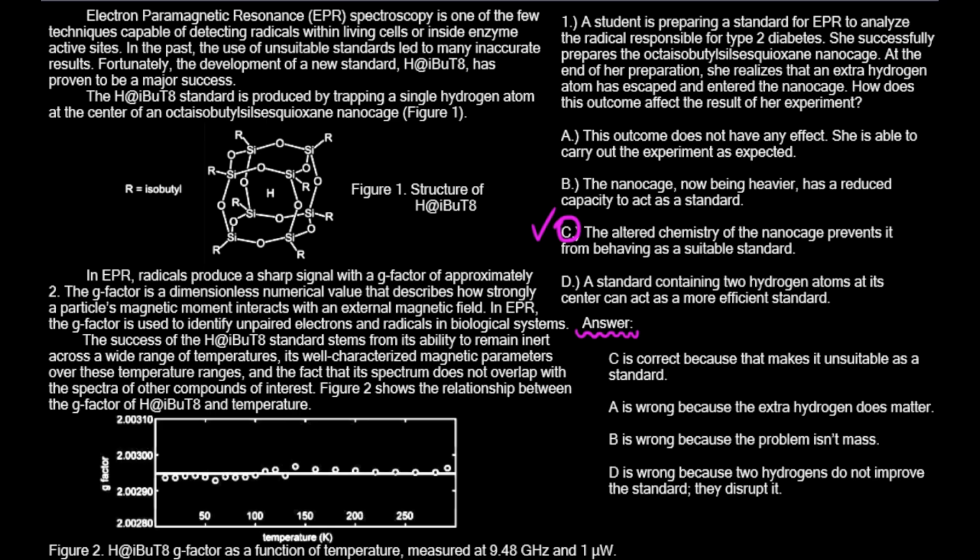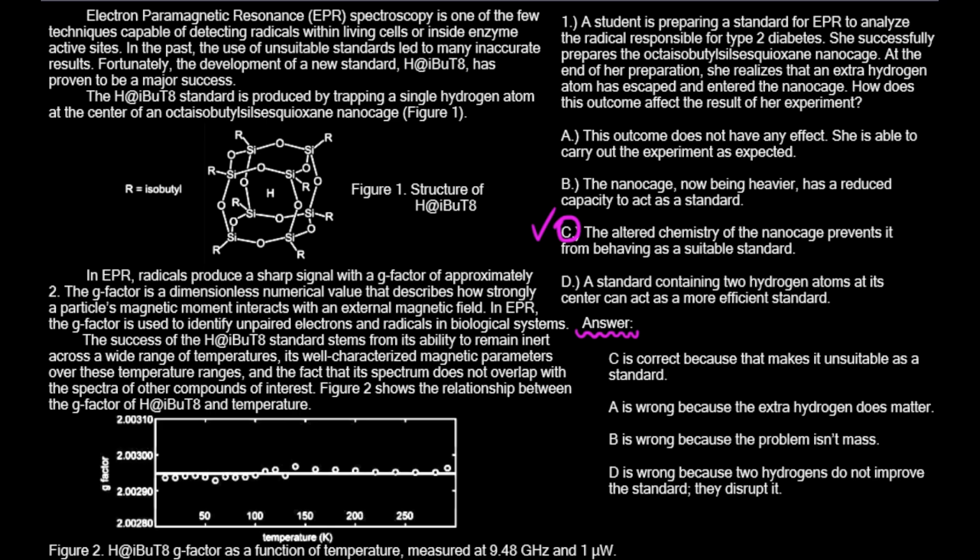The student was trying to prepare the standard for EPR, which is designed to work by trapping a single hydrogen atom inside the nanocage. That single hydrogen gives the standard very precise and predictable magnetic behavior. A single hydrogen atom acts as a paramagnetic species because it contains one unpaired electron.